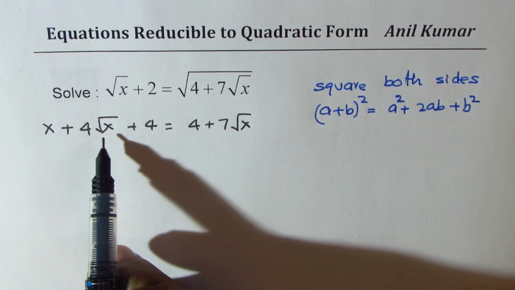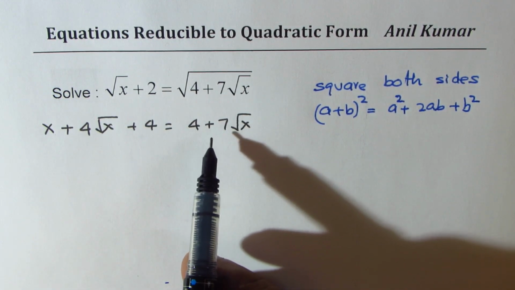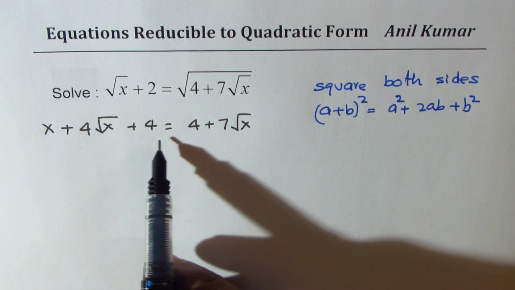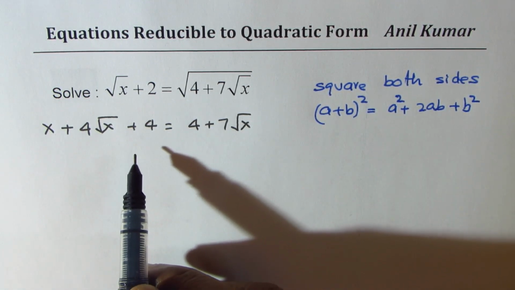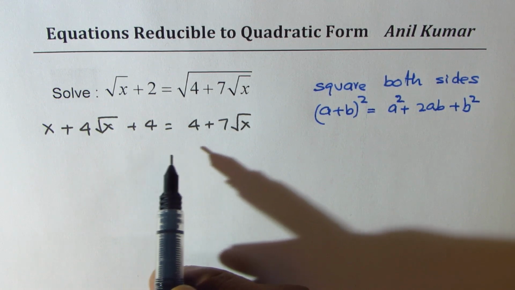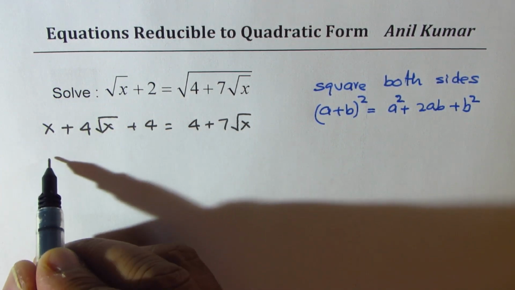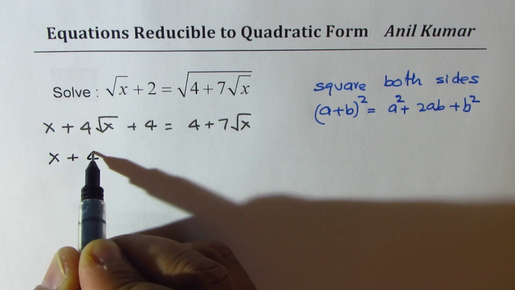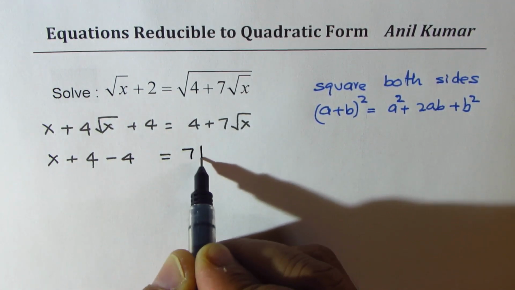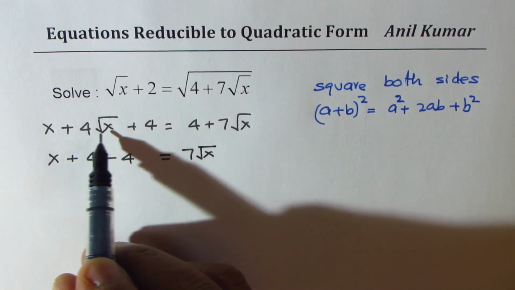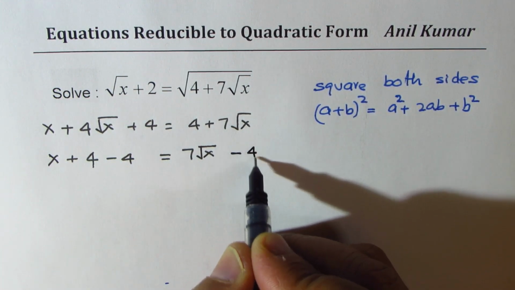Now let's bring the square root terms together and solve, and then again we'll square, right? So what we get at this stage is x plus 4. We'll bring minus 4 here, equals 7 square root x, and we'll take 4 square root x to this side.